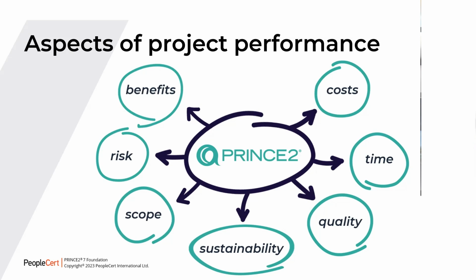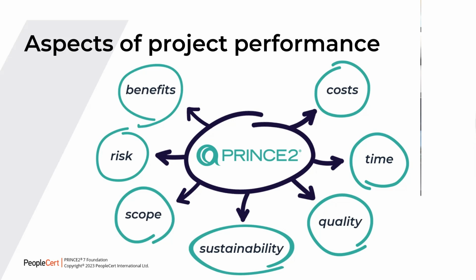Some of them are tied in terms of scope, but very importantly, the 2 which are coming newly into this, which some people might not be so familiar with, are sustainability, and sometimes I hear people say benefits. Somebody will probably say, yeah, I understand cost, and time, and risk, and scope and quality. But what is sustainability, and what are benefits?